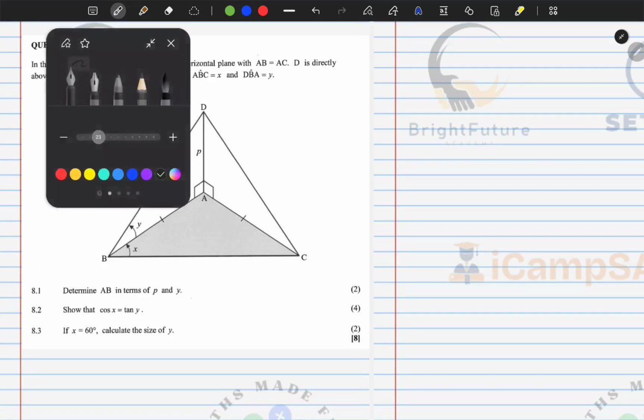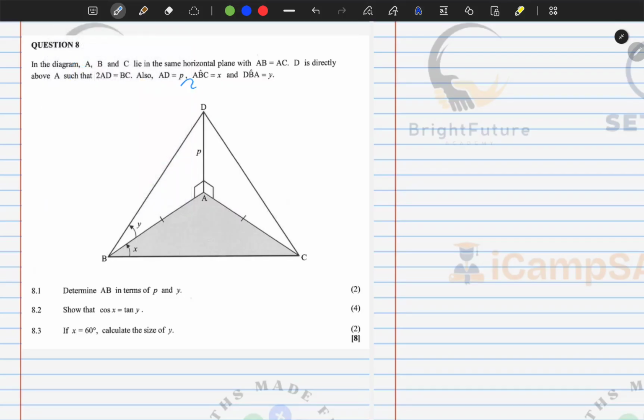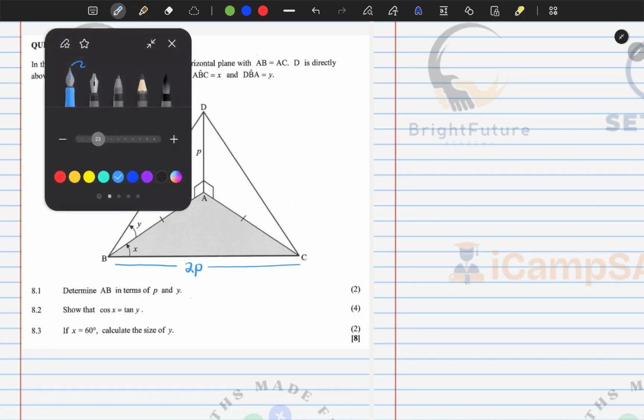We are told that AD equals P. So AD equals P, but BC is 2 times AD. If you look carefully, this is our BC. If BC is 2 times AD, then it means all we are supposed to have here is 2 times P. Okay, let's just label that.